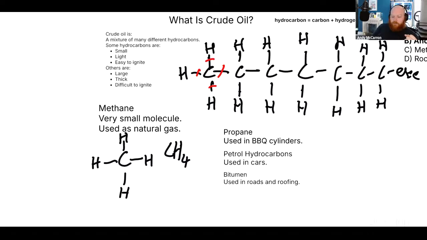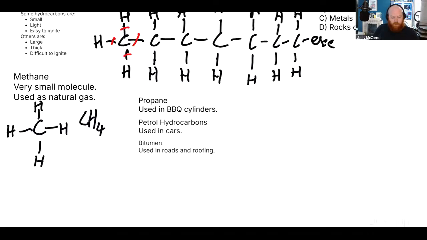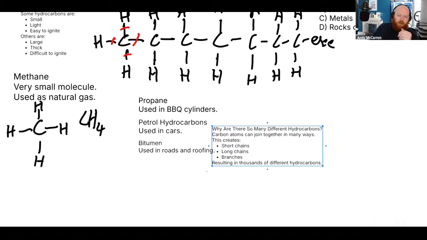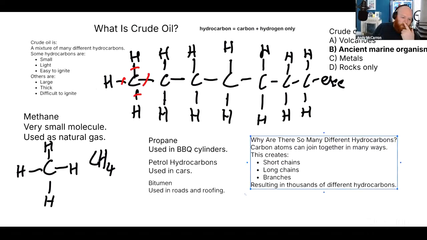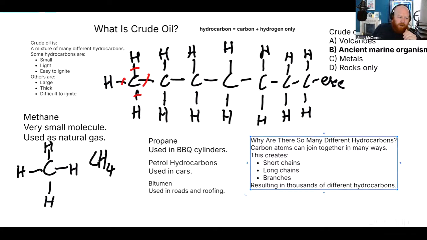There are thousands of different hydrocarbons, and we've named a lot of them. That's why I put etc. here. We don't normally write etc., but just for today, I have.